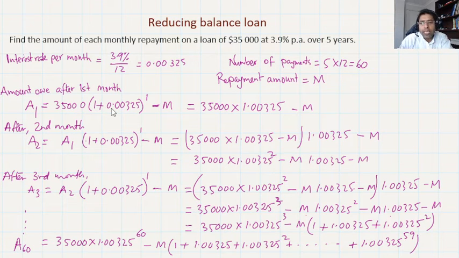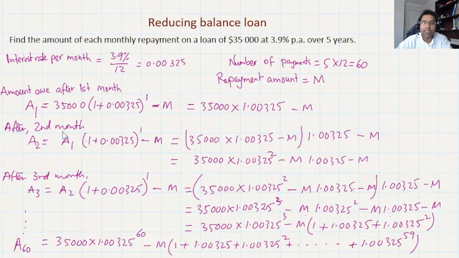But you are not paying it all together; you are just paying M, the repayment amount. If you multiply it out, it is definitely more than 35,000, but you pay M. So this is the amount you owe after 1 month.